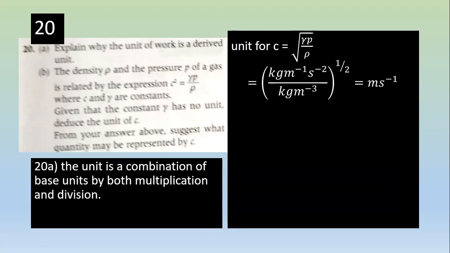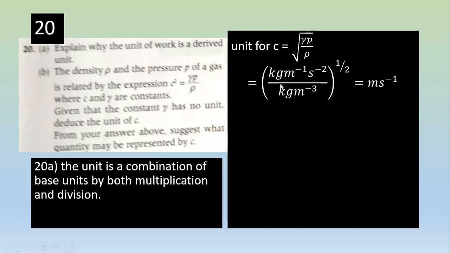There's a unit for pressure, there's a unit for density. If not, use force over area. Derive it. Okay, and then the half is the square root.